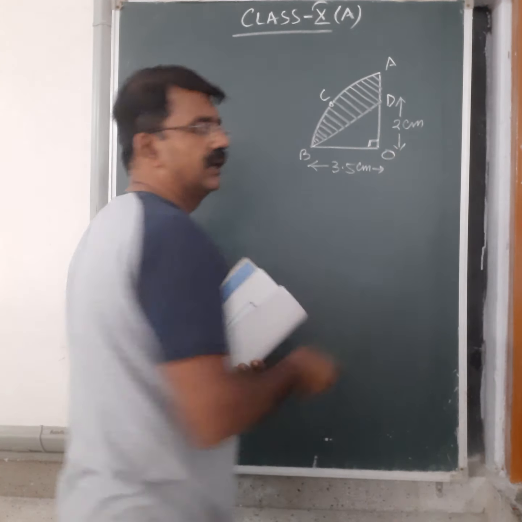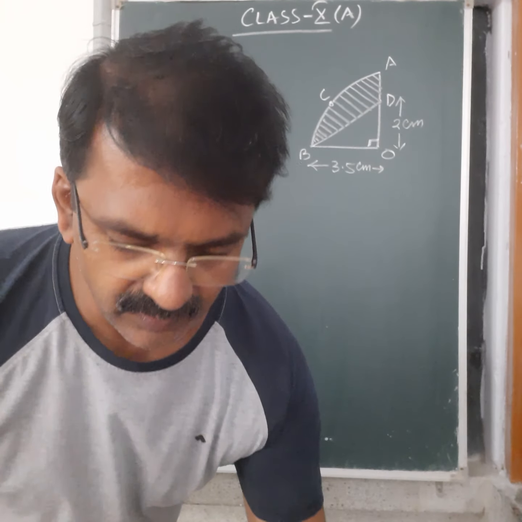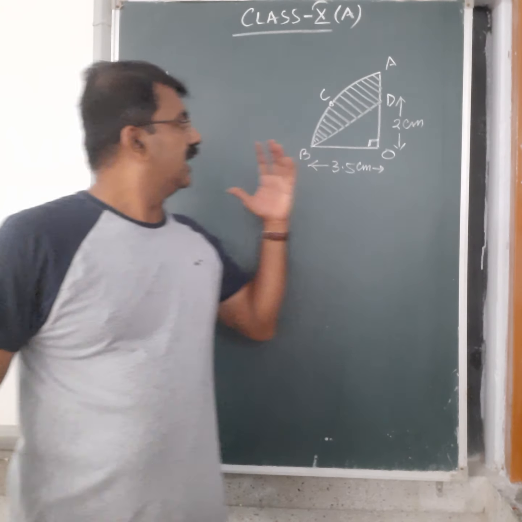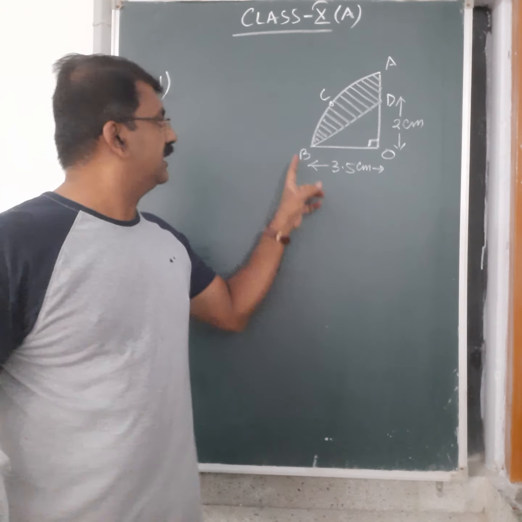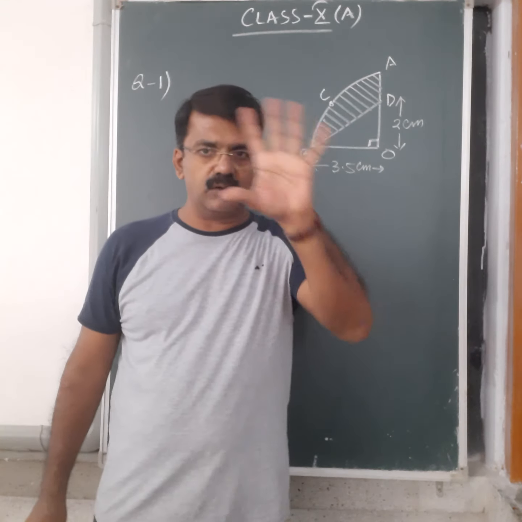Now, to find the area of the shaded part, we should subtract the area of the triangle BOD from the area of the entire quadrant.